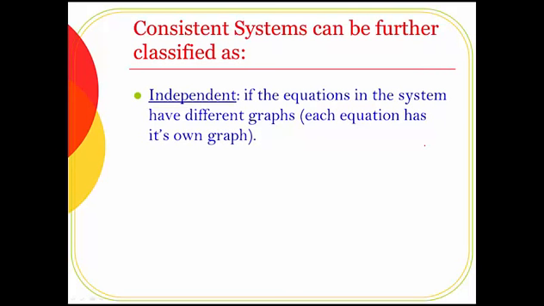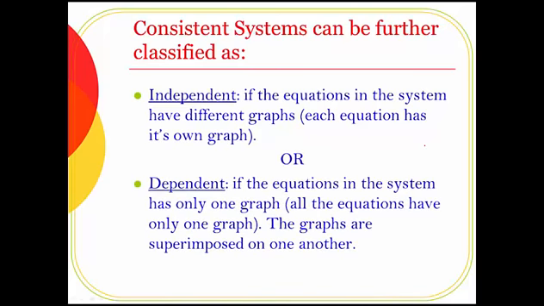Equation 1 will have its graph, and equation 2 will have its graph. So when we have such a case, we say that the system is independent. So we say consistent and independent system.